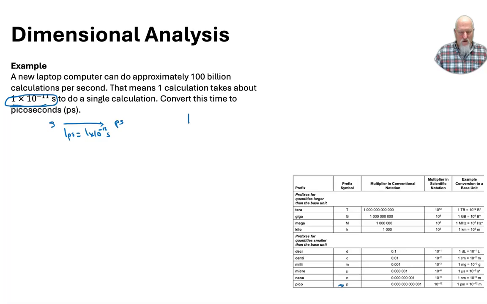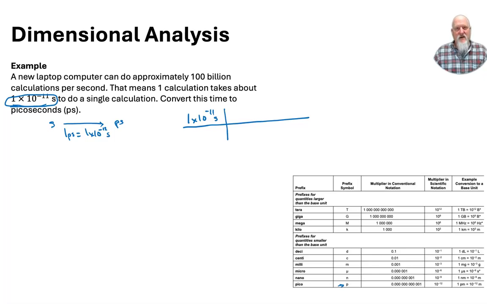So 1 times 10 to the negative 11 seconds. For dimensional analysis, I use the train track method. You can use the train track method or the simple fraction method. I'll show you that in a second, but you need to do it this way. Okay, I've got seconds.